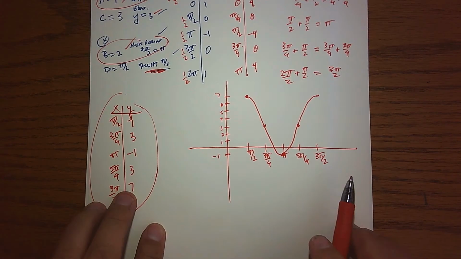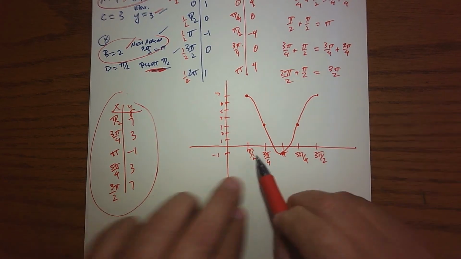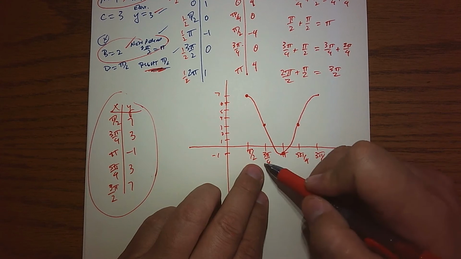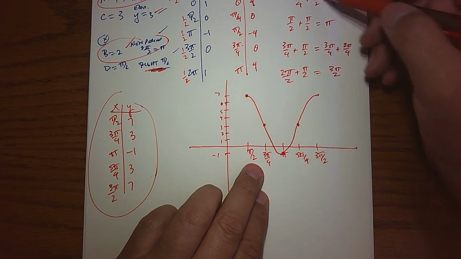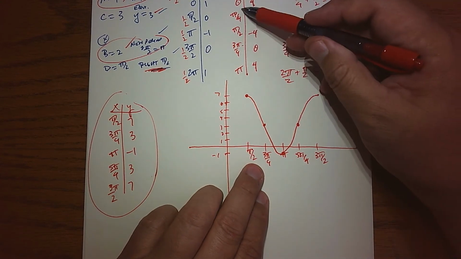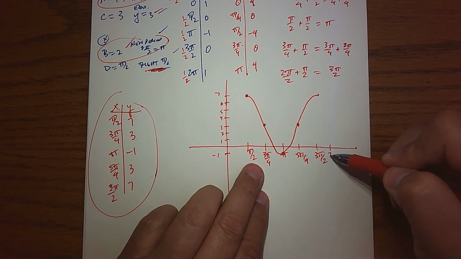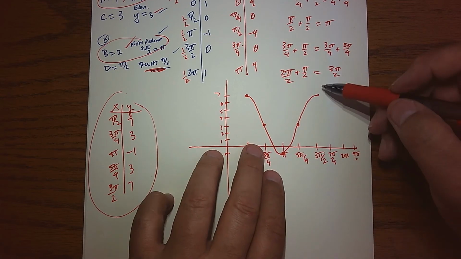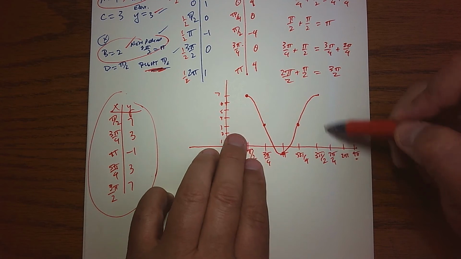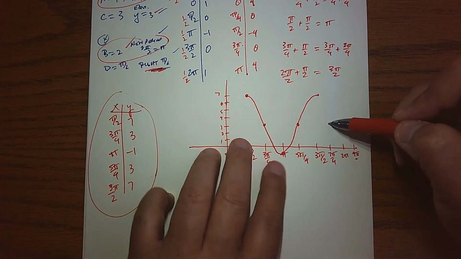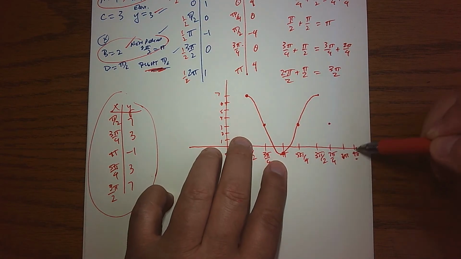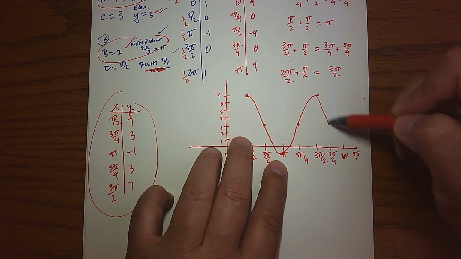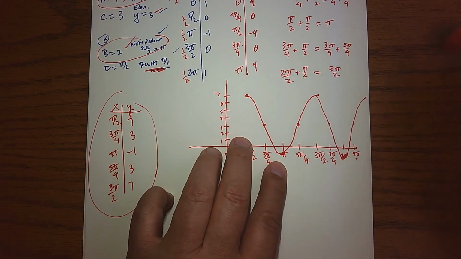If we wanted more, it would look like we would just keep breaking things down into pi over 4s. So I think the next one would be 7 pi over 4, and then we would hit 2 pi, and then we would hit, I think, 9 pi over 4, and all this action would just keep repeating itself. So there would be another cycle if I had to do that.